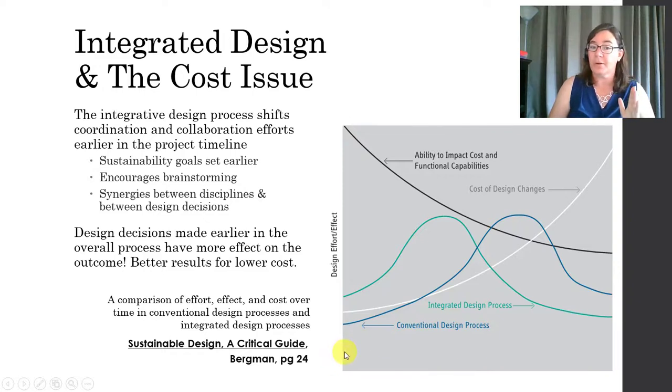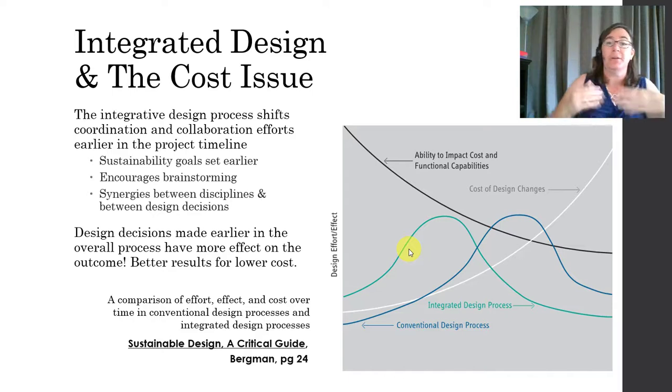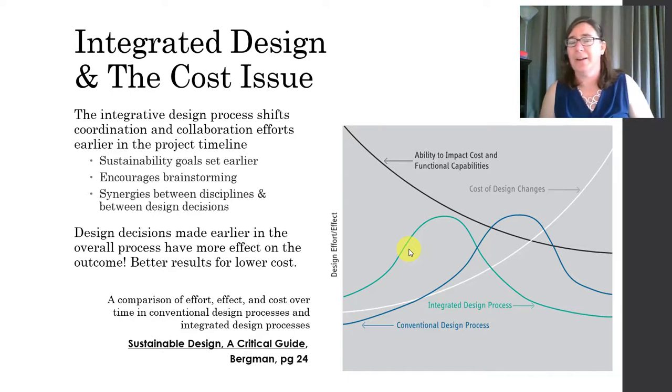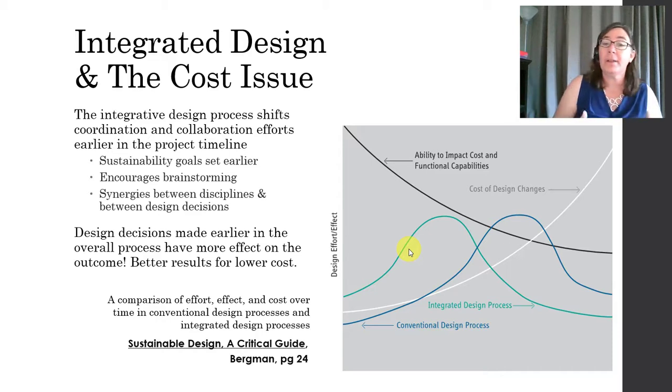So the project starts here at the beginning. And you can see that the green line, the integrated design process, all of the work, the effort happens earlier in the project. Same amount of work, by the way. All right, we can't get away from the work. But it happens earlier in the process. And then, compared to this blue line, the conventional design process.